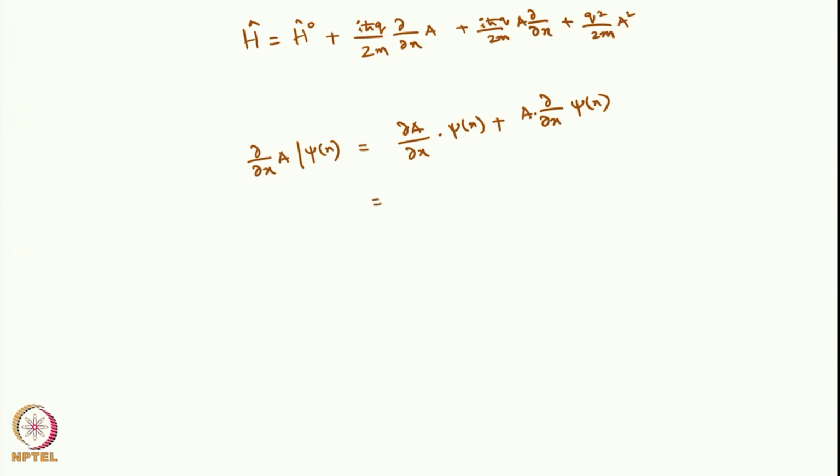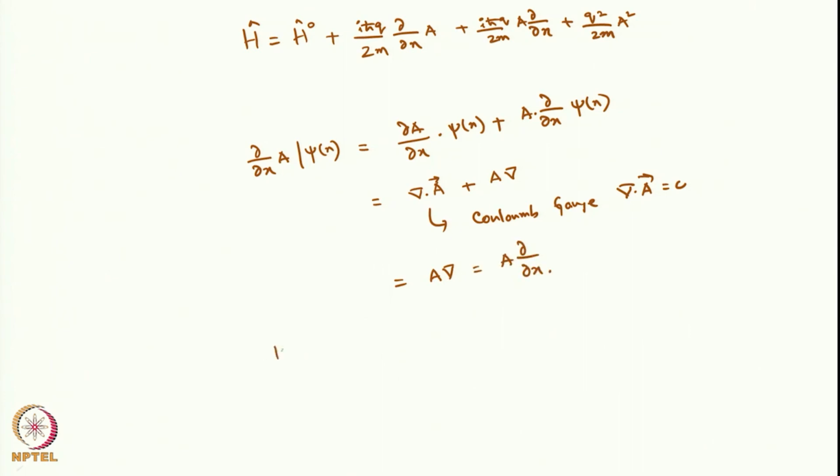Now this is nothing but del dot A plus A del. Now according to Coulomb gauge, del dot A is equal to 0. So this is nothing but A del, or A d by dx.